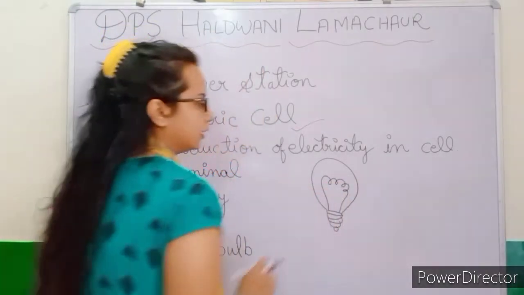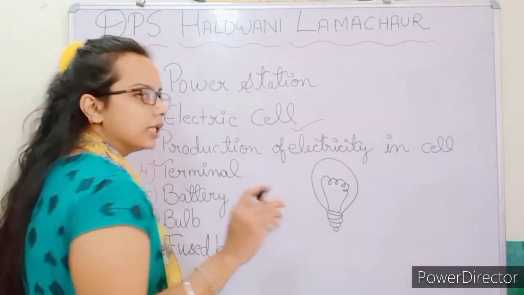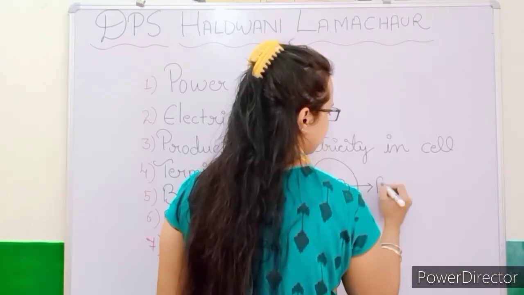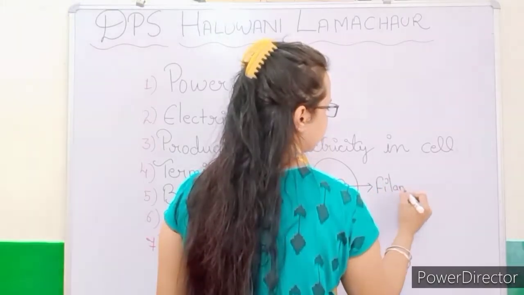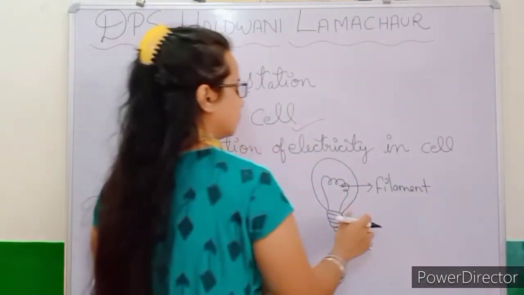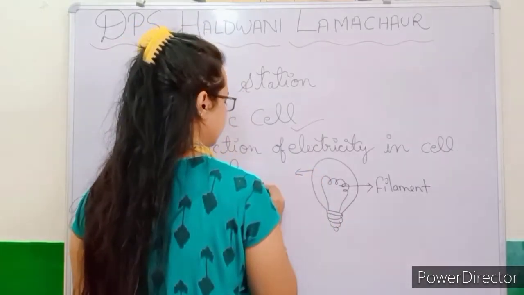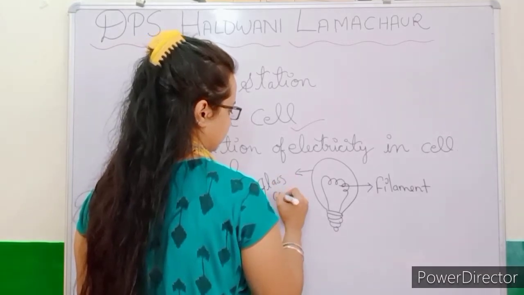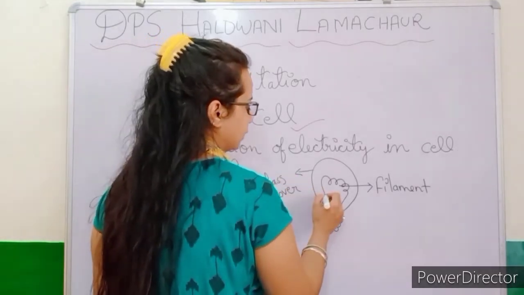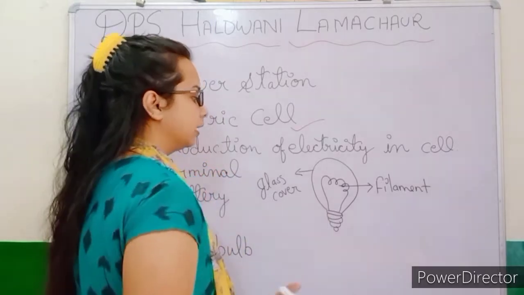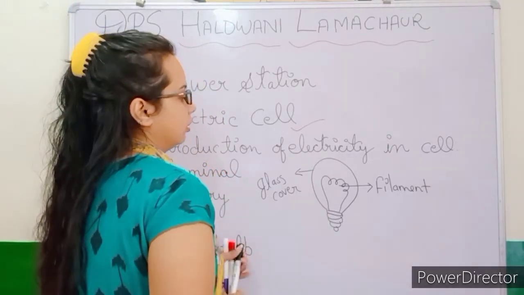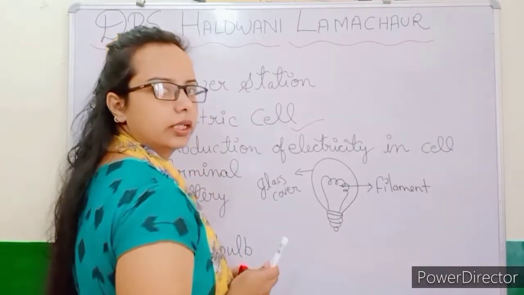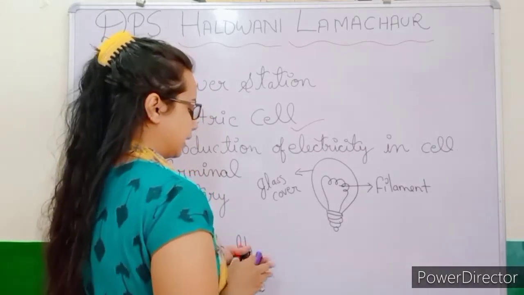This tiny, thin wire is known as a filament. This is a glass cover, and these are the two thick wires which help the filament get attached.